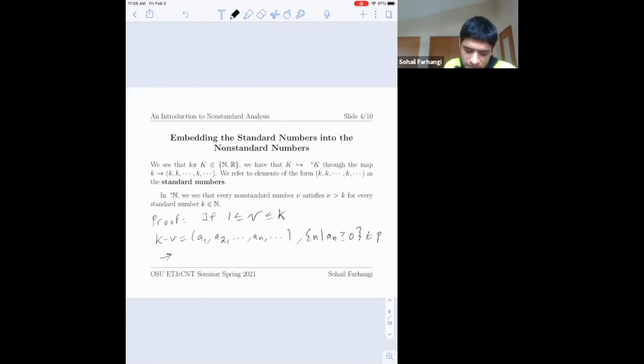So the set of indices for which these a_n's are at least 0 is in P. So the n's such that K minus v_n is bigger than or equal to 0 is in P, where these are the components of your non-standard number. So now, here.